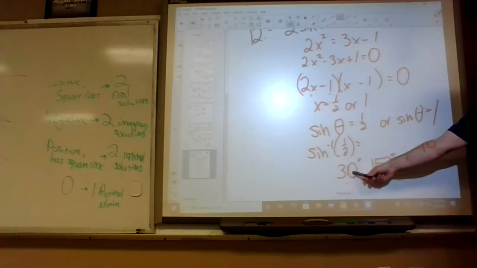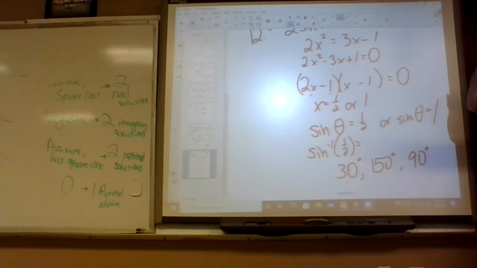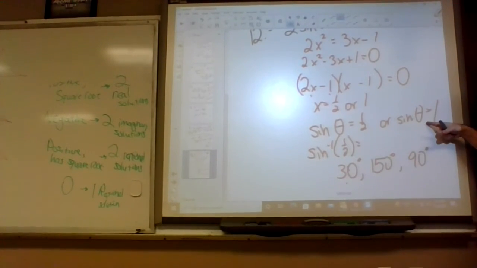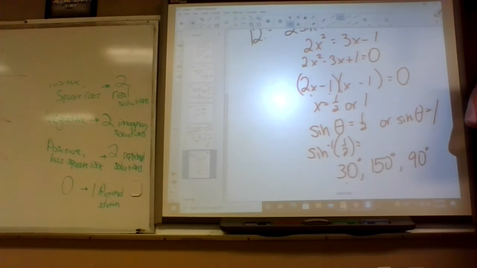Normally it has 2, but with sine and cosine, if it equals 1 or minus 1, sometimes they only have 1 answer. If you thought the opposite of 90 is 270, but you plug in sine of 270, your calculator will give you minus 1 instead of plus 1.